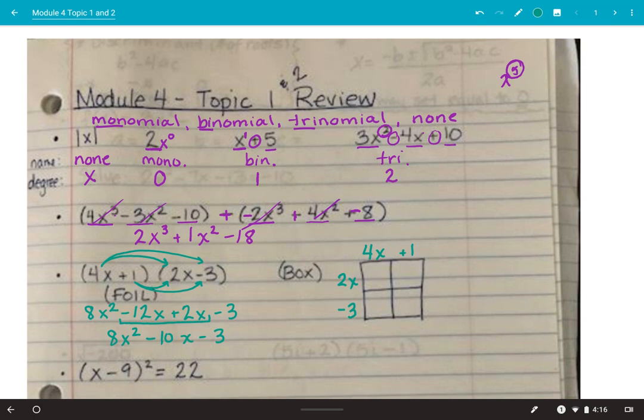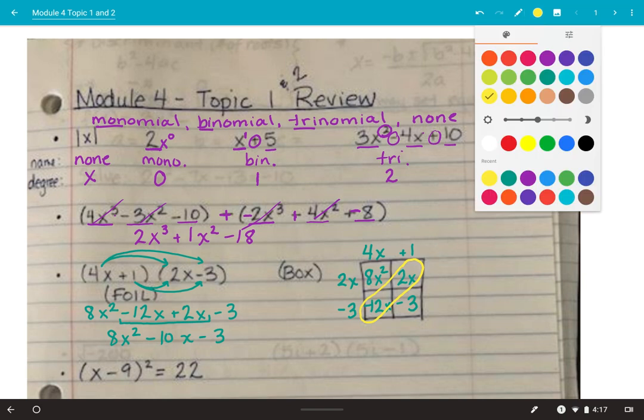So 4x times 2x, 8x squared. 2x times 1, 2x. 4x times negative 3, and negative 3 times 1. And then what you're going to do, and it happens 99% of the time, the first number is going to be your first answer.